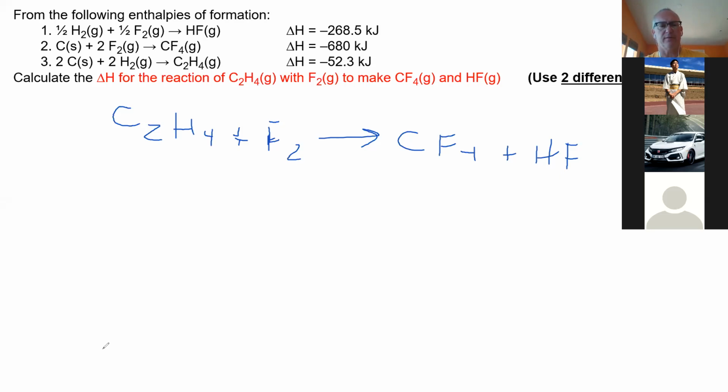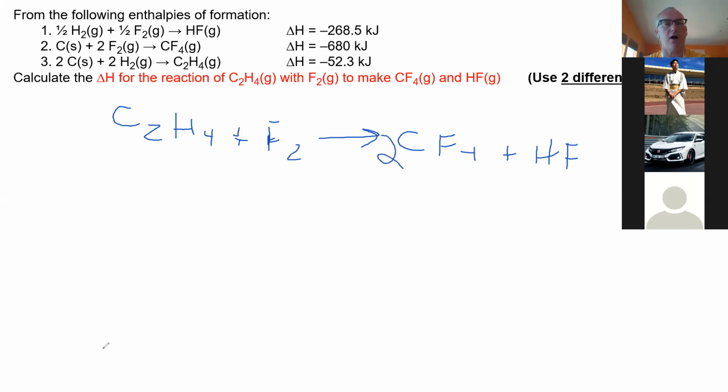How many atoms of carbon are on the reactant side? 2. And how many do we have to have on the product side? 2. So how am I going to do that? Multiply CF4 by 2.